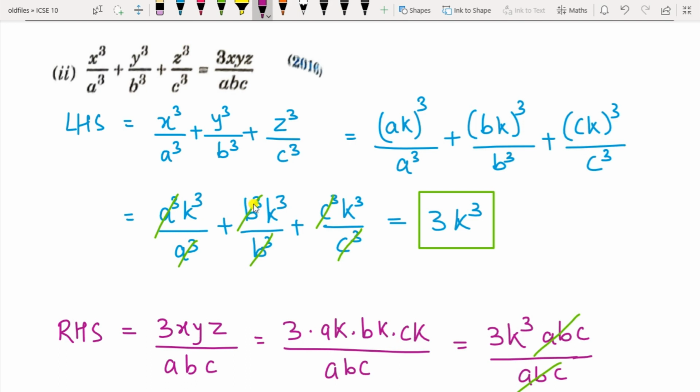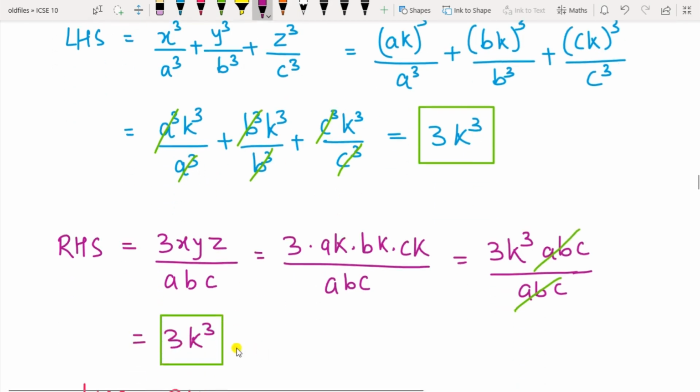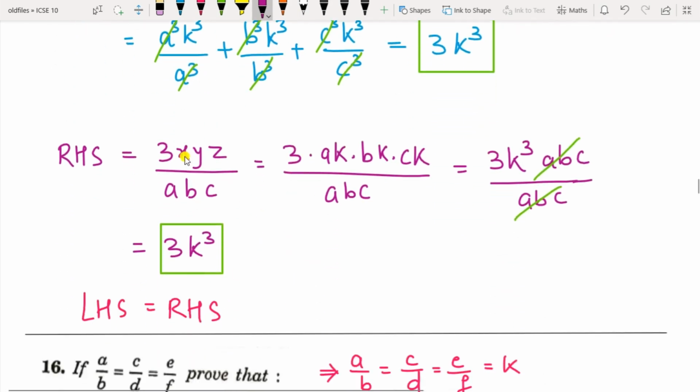Take the cube inside and you can cancel out the common terms here, and you get the value as 3k cube. Okay, that was LHS. For RHS, substitute these values for x, y, z and you can cancel out the common things from the numerator and denominator, and here also you get the value of RHS as 3k cube, which is LHS equal to RHS.